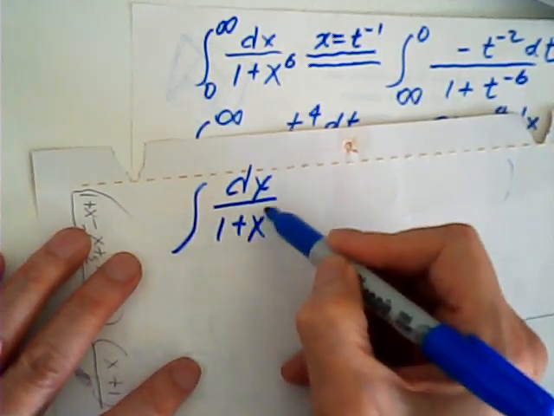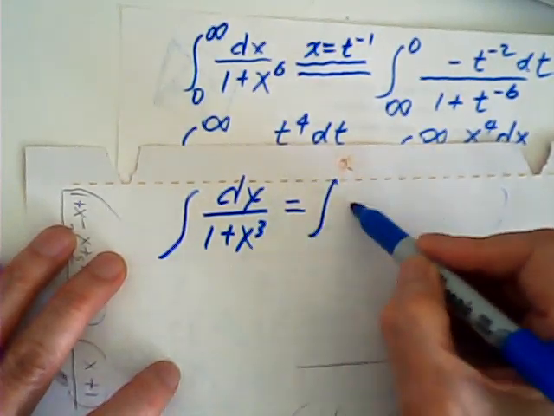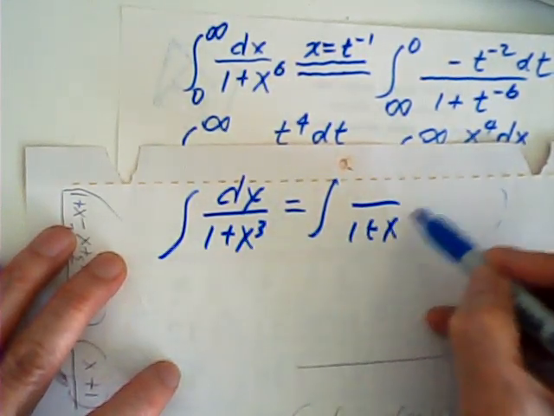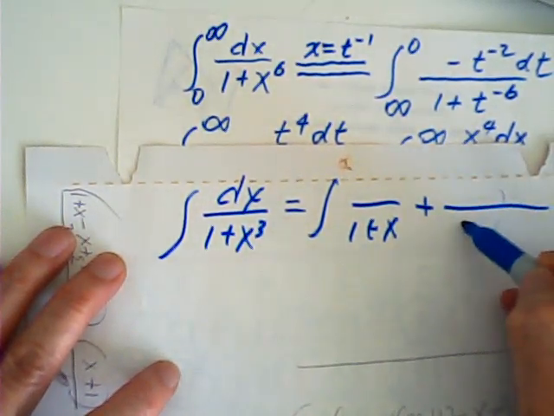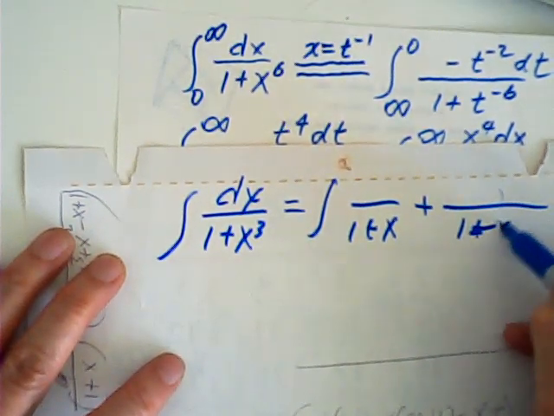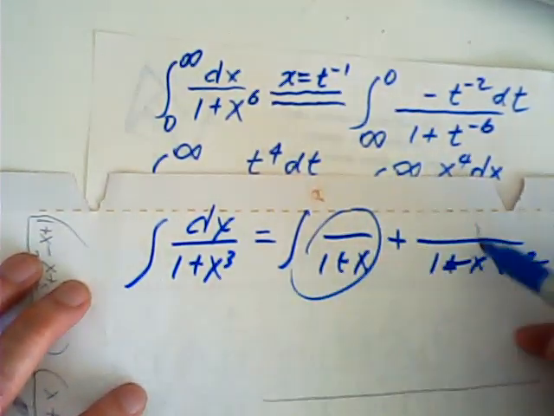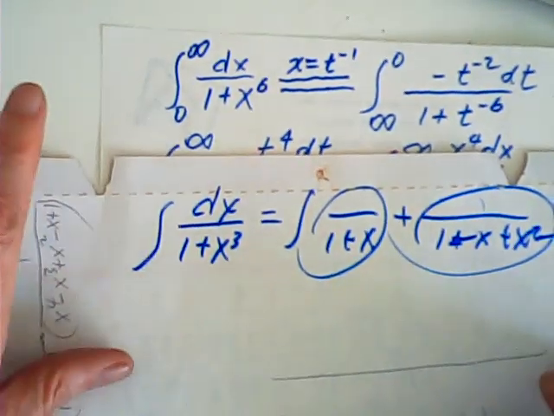If this n is 3, then you have 1 plus x, and this is 1 minus x plus x square, and you use partial fractions to integrate.